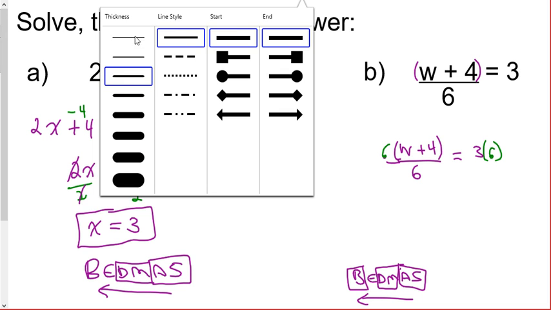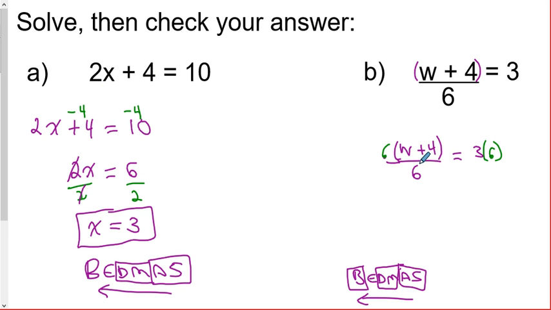Okay, so now we say, let's cross those 6's out, because 6 divided by 6 is just 1. What are we left with? On this side, we've got W plus 4. We can drop those brackets because there's nothing else left there. And 3 times 6 is 18. Okay, so we've undone everything.